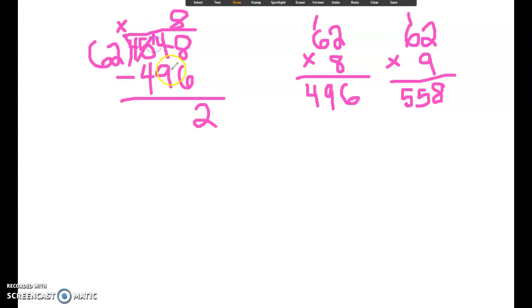So I'm going to put a little tiny one. My 5 becomes a 4 and my 4 becomes a 14. So now 14 take away 9. What is that? 5. Good.